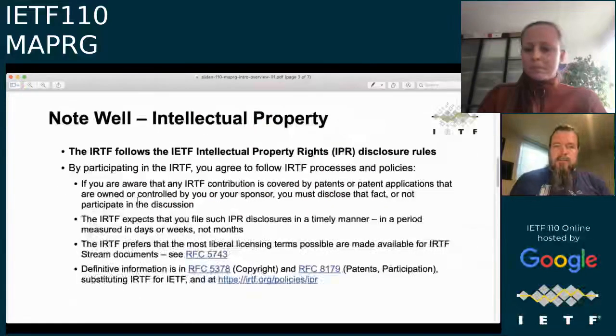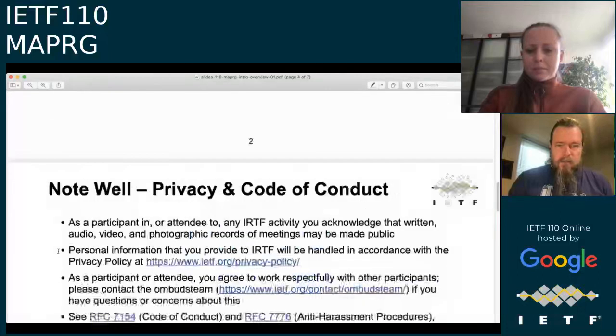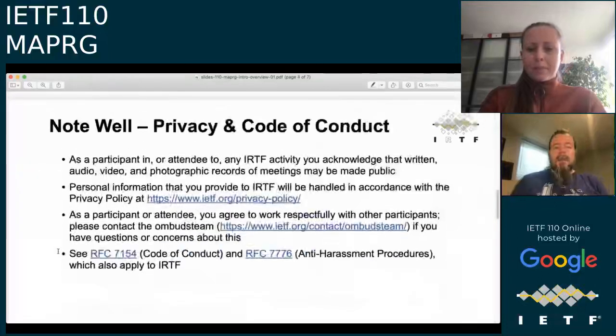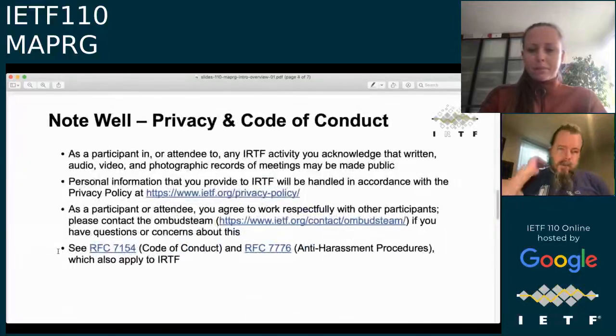Here's the IRTF Note Well. It's the same as the IETF Note Well, essentially, but be aware that speaking about your work here has potentially consequences having to do with intellectual property, and familiarize yourself with that. Here's the IRTF privacy and code of conduct. Behave yourselves, you always seem to.